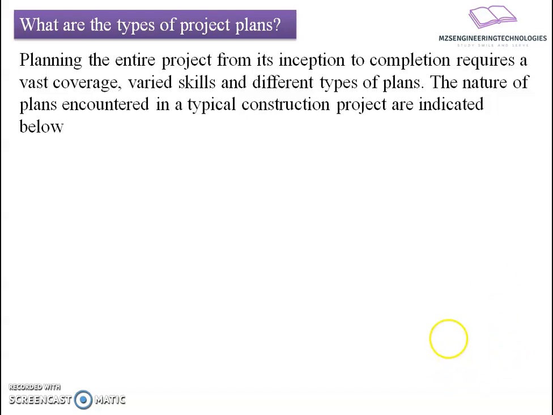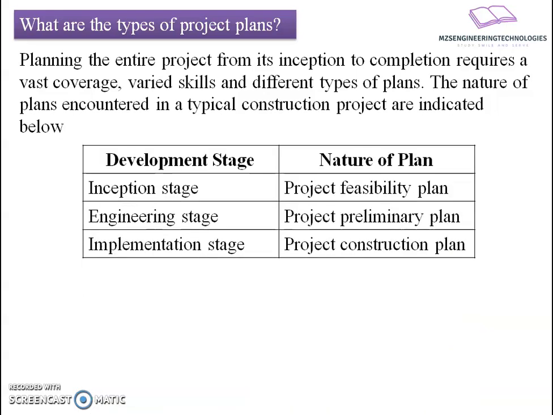The various plans, the nature of the plans which are encountered in a typical construction project, if I classify based on the development stage and nature of plan, can be said as: inception stage, the point at which I feel the need of the project to be put forth. For that we will require a project feasibility plan.